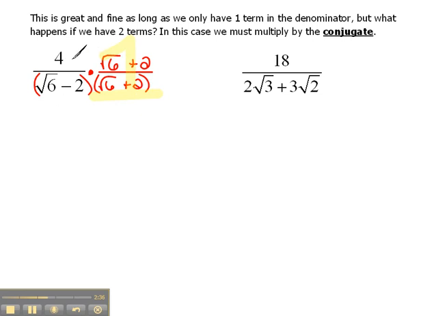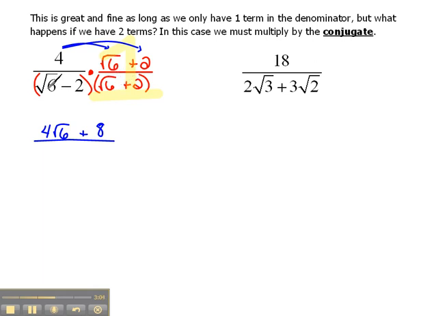When we multiply 4 times both of those terms, we would have 4 square roots of 6 plus 4 times 2, which would be 8, over. Now on the bottom, we could distribute and combine like terms and all of that, but we are multiplying by the conjugate for a reason, so that we will have the difference of two squares.